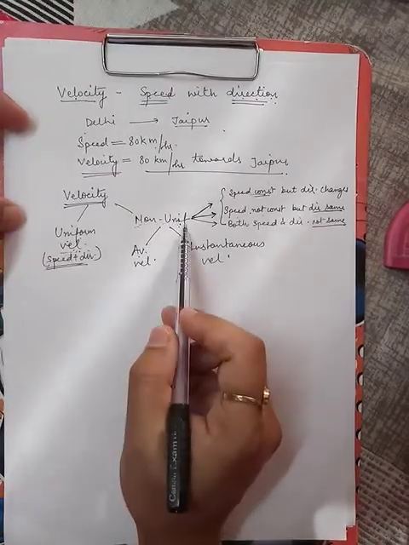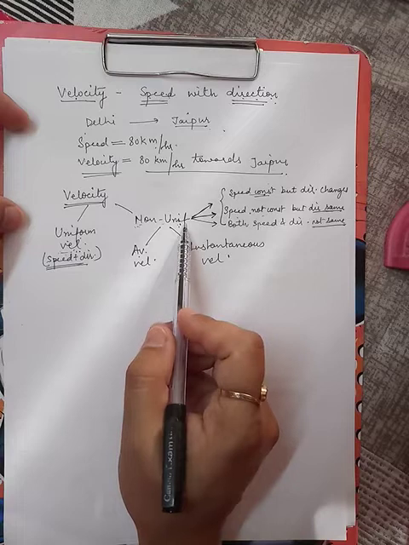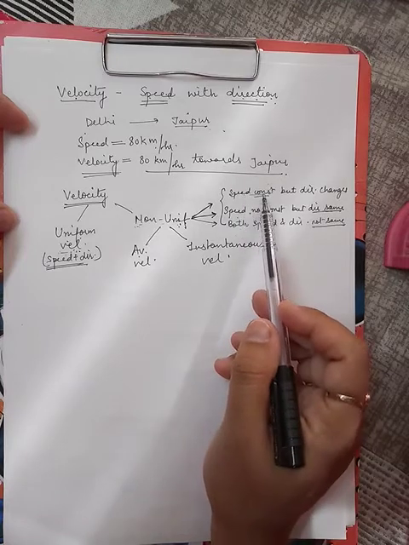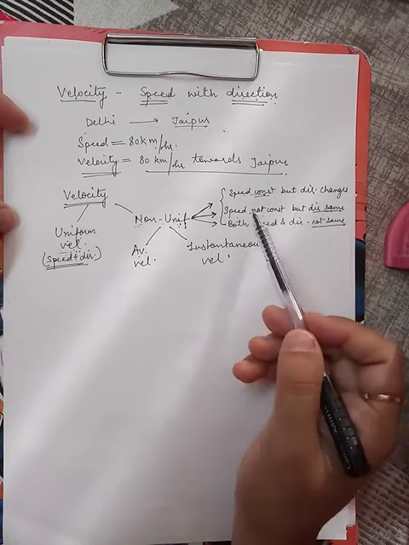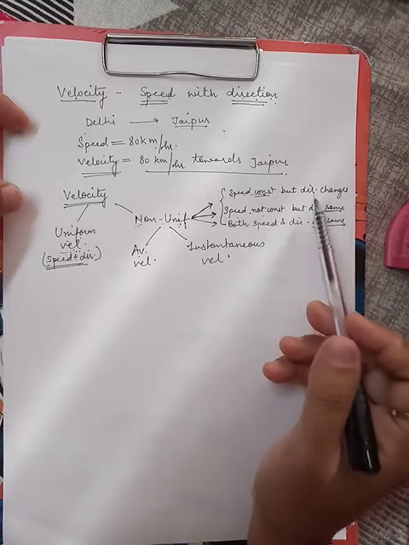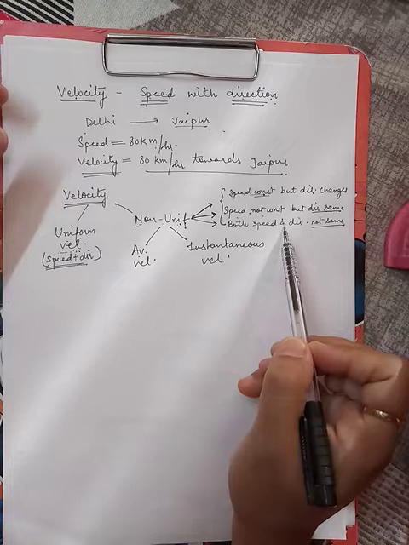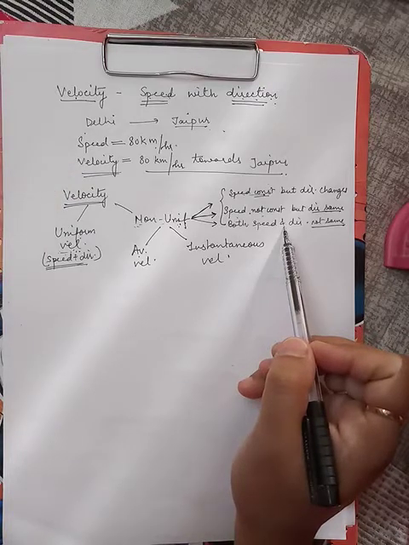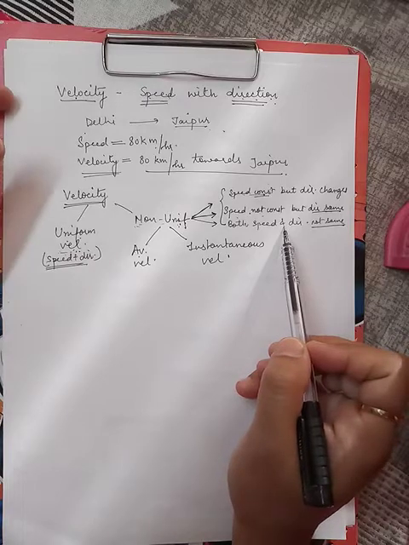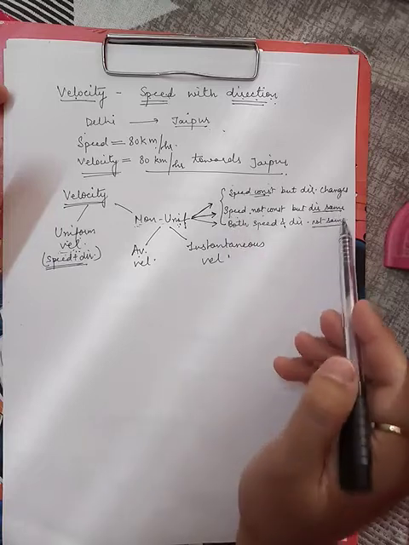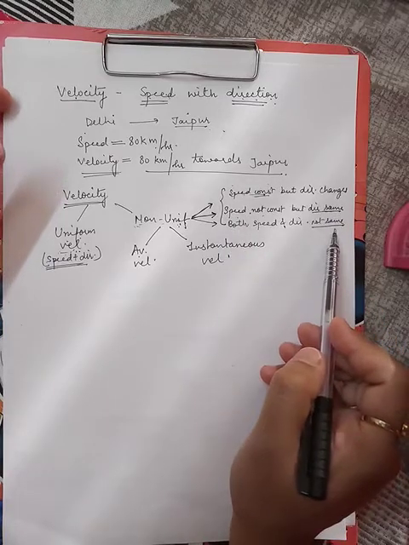So for non-uniform velocity, if we are specifying, then we should definitely specify whether the speed is changing, or the direction is changing, or both are changing. Then we should know why it is non-uniform velocity. So this part is very important to understand and to remember, right?